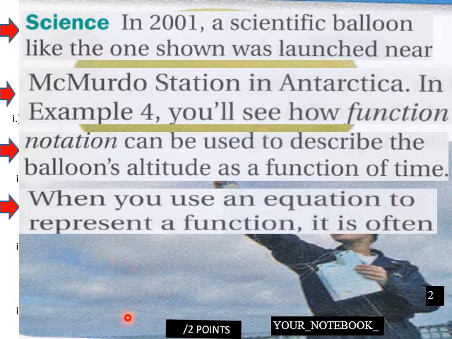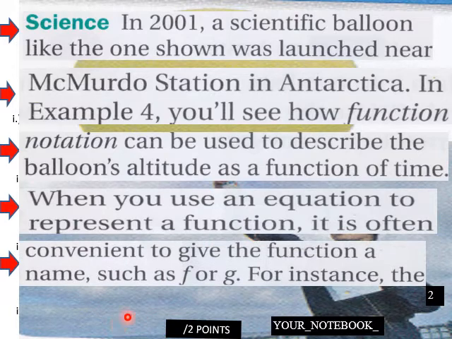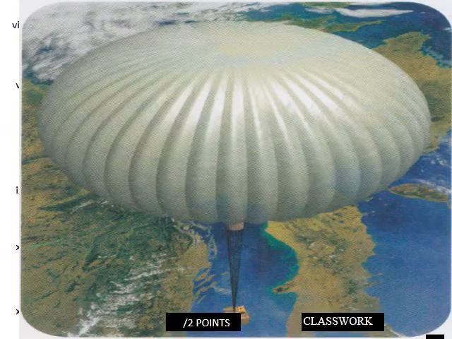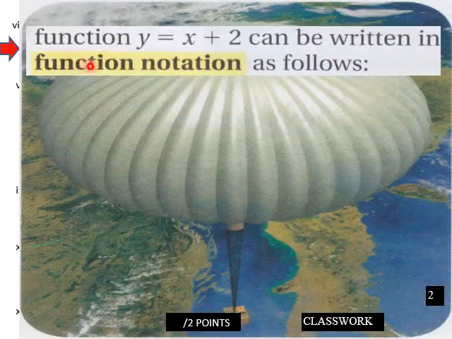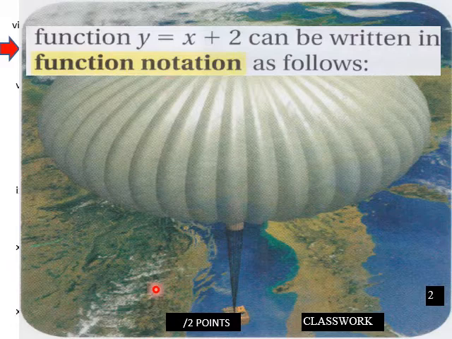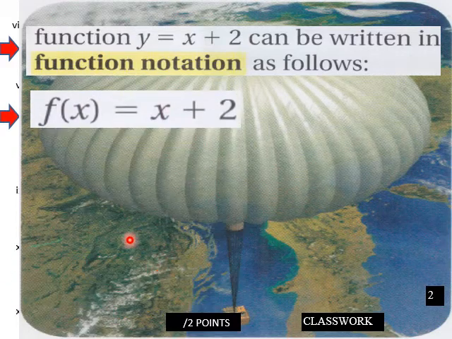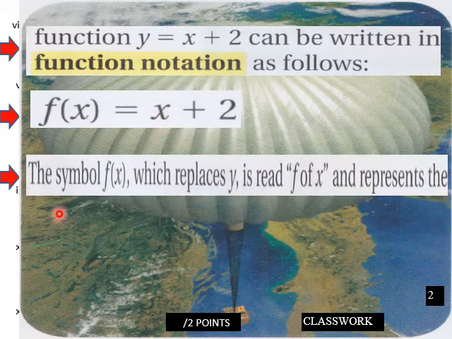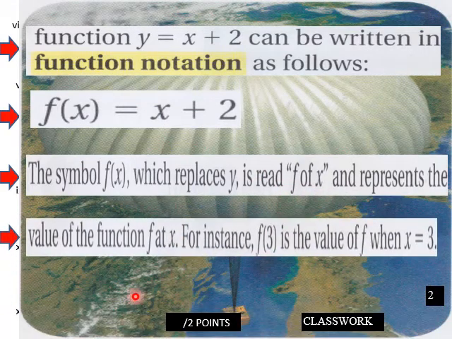When you use an equation to represent a function, it is often convenient to give the function a name such as f or g. For instance, the function y equals x plus 2 can be written in function notation as f of x equals x plus 2. The symbol f of x, which replaces y, is read "f of x" and represents the value of a function f at x.